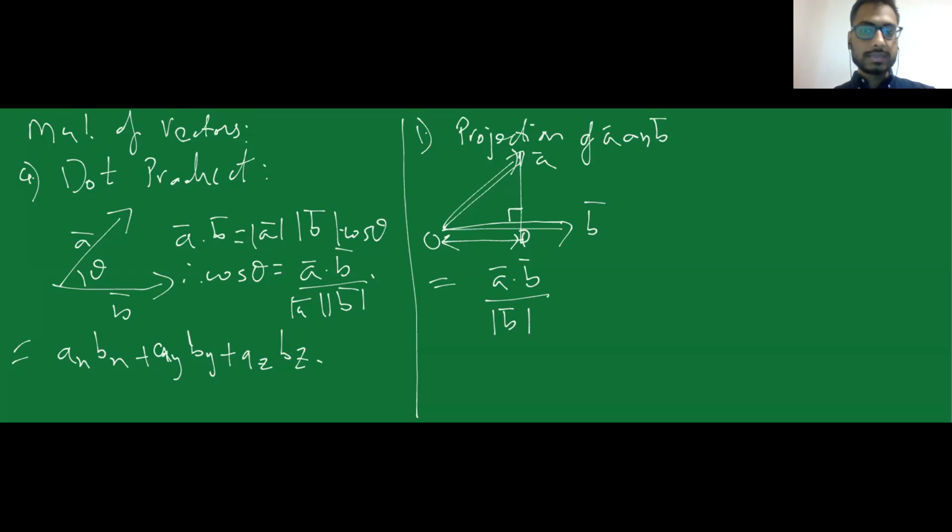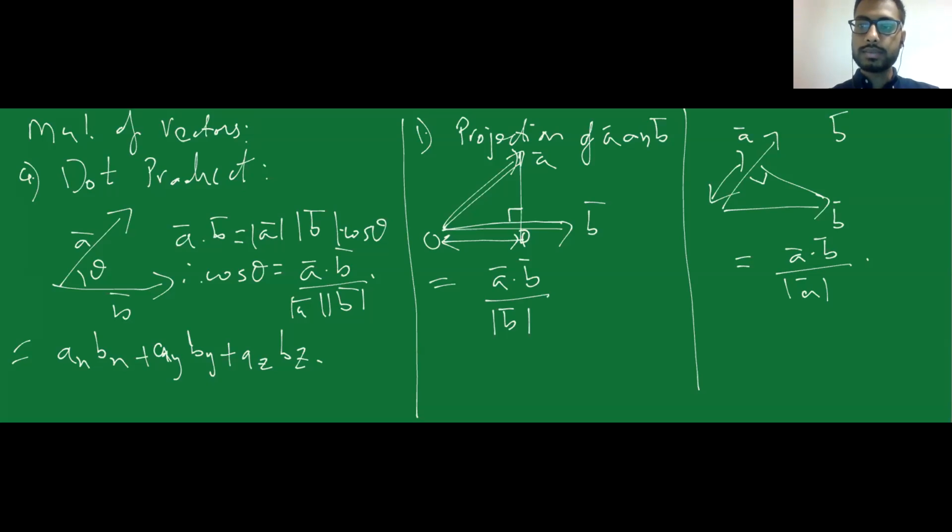If on the converse, if I draw a perpendicular from B to A, then that would be known as projection of B bar on A bar. So consider another diagram where I'm drawing a perpendicular from B bar onto A bar. Then this length is equal to A bar dot B bar divided by magnitude of A bar.